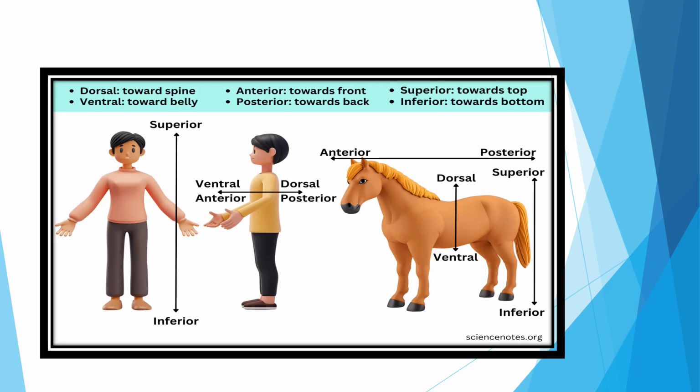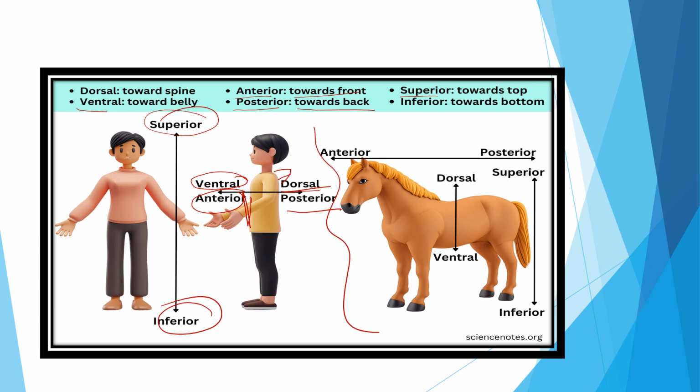Now we will see the diagram of these two. It's a very beautiful diagram indeed. You can see this is the ventral or anterior part, and this is the dorsal or posterior part. Anterior means towards the front, posterior means towards the back, dorsal means towards the spine, and ventral means towards the belly. Superior means towards the top and inferior means towards the bottom.